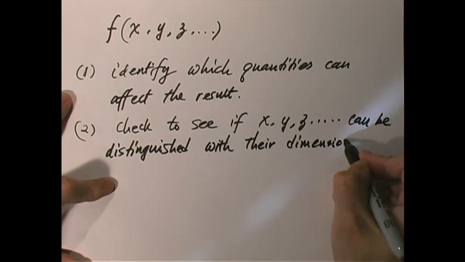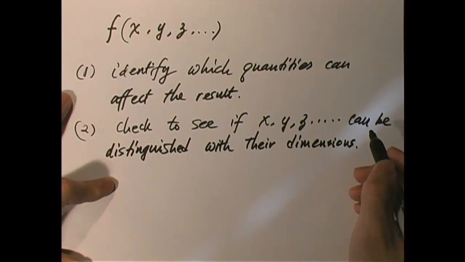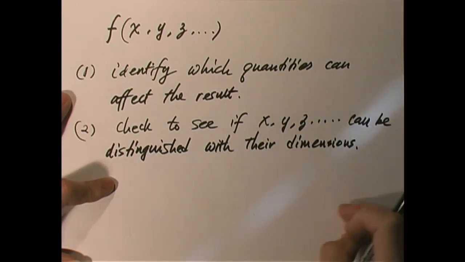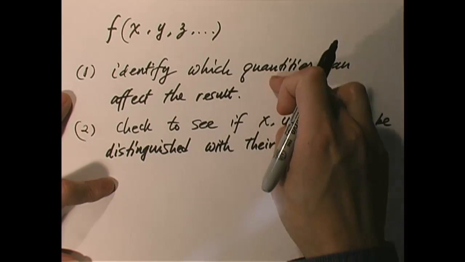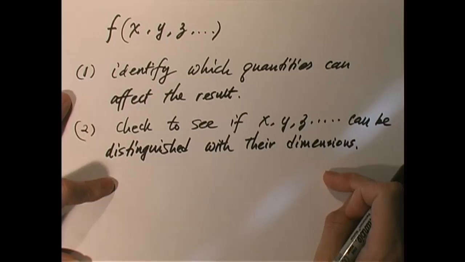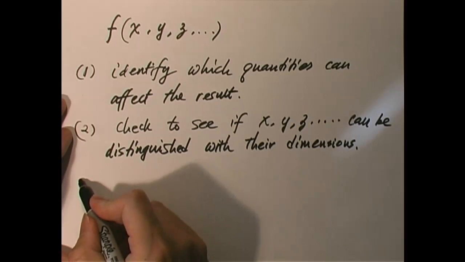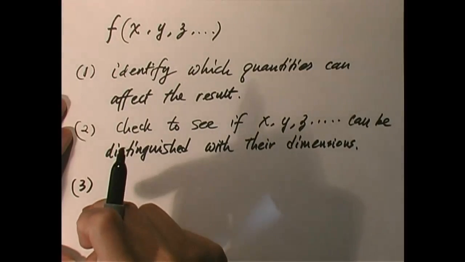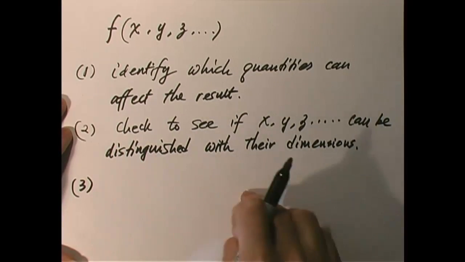If for example x and y are both lengths, no, you cannot do that because you cannot tell them apart with dimensions. You see, dimensional analysis is not universally applicable, but these are the conditions you must follow. First of all, you have to know which quantities are involved, and secondly, you make sure these quantities all have different dimensions. Now, if these 2 conditions are satisfied, we can actually start this process of matching the dimension of both sides.